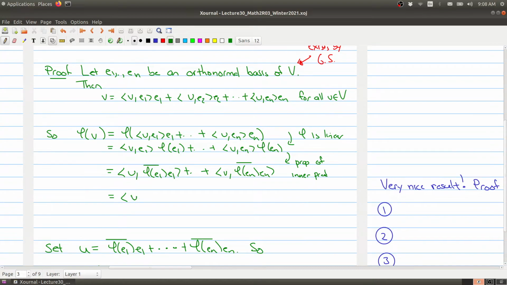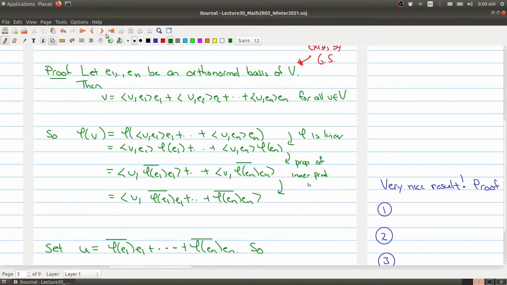Okay, and now we can recombine again by the properties of inner products, so that this is the same thing as v comma the complex conjugate of phi evaluated at e1 times the basis element e1, all the way up to the conjugate of phi evaluated at en times en. Again, this is properties of inner products.